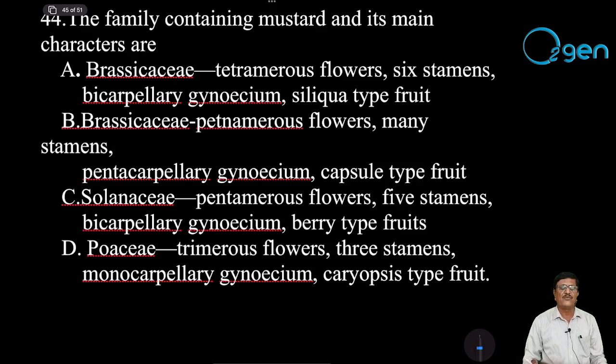The floral parts are 4 in number, so the flowers are tetramerous, with 4 sepals, 4 petals, 6 stamens, bicarpellary gynoecium, and siliqua type of fruit. Hence, option A is the correct one.